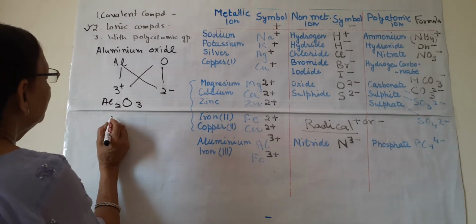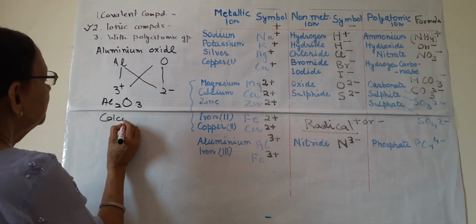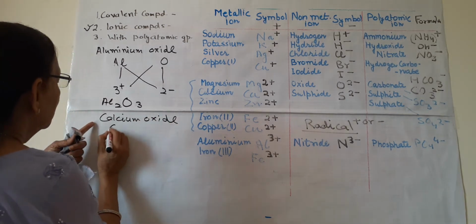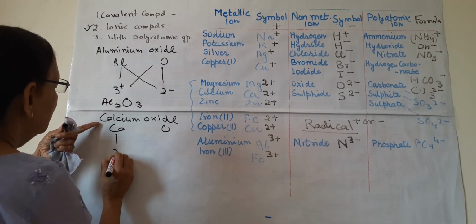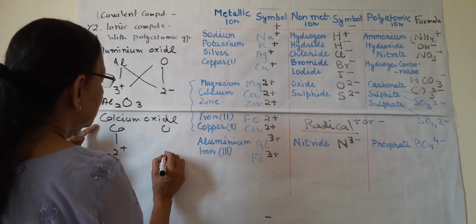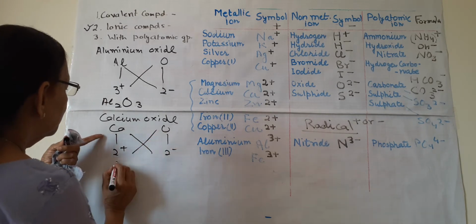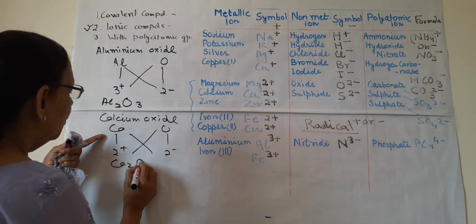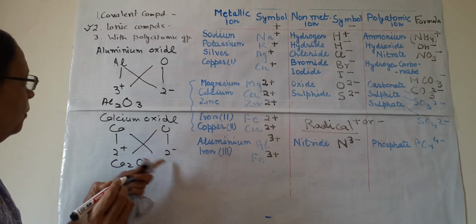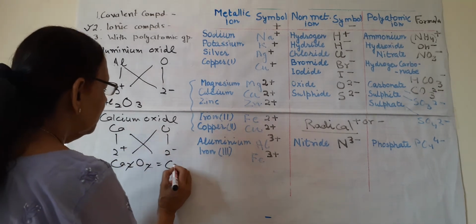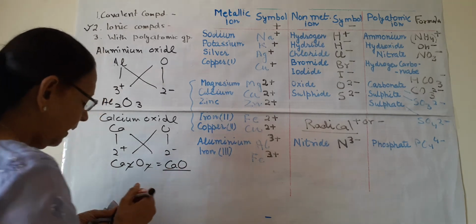Next we can write the formula of calcium oxide. So calcium 2 plus valency, oxygen 2 minus valency. So crisscross, so Ca2 and O2. With Ca2 with O2, and these two are cancelled, so the formula will be CaO.